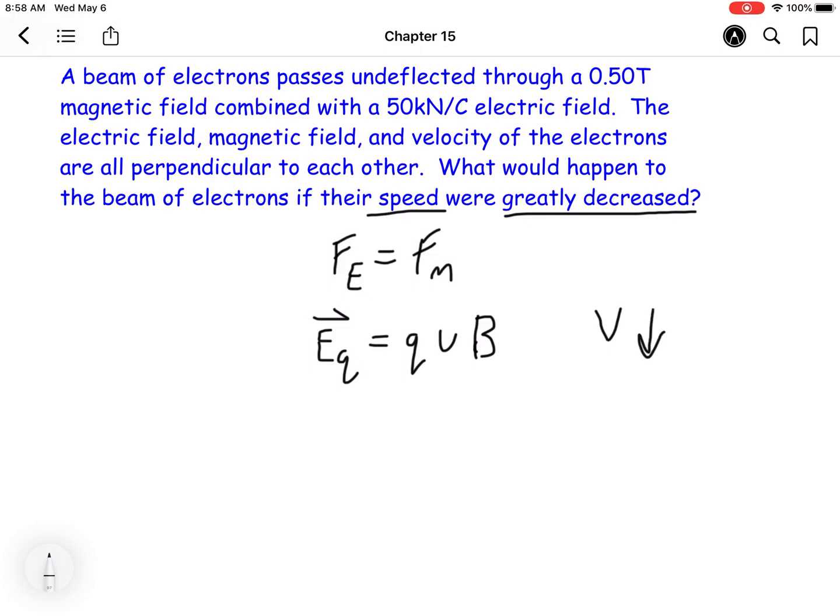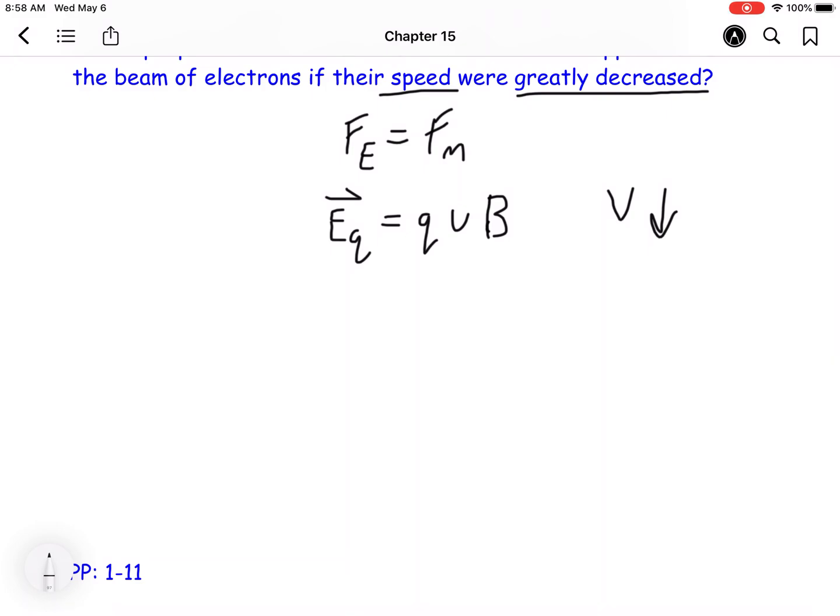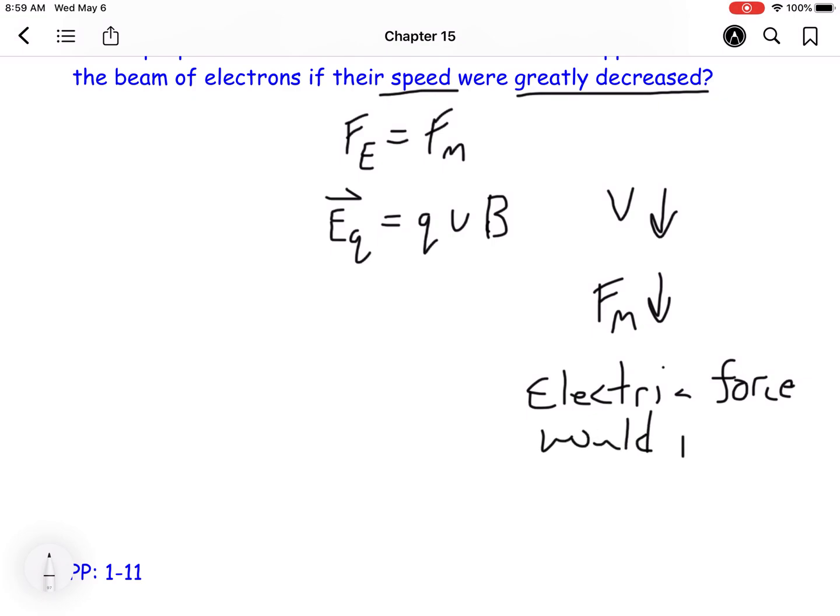If V goes down, the magnetic force goes down, which means the electric force would win. So if the velocity greatly decreases, the magnetic force reduces, and the electric force would win.